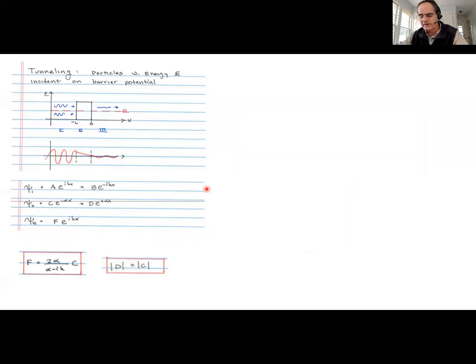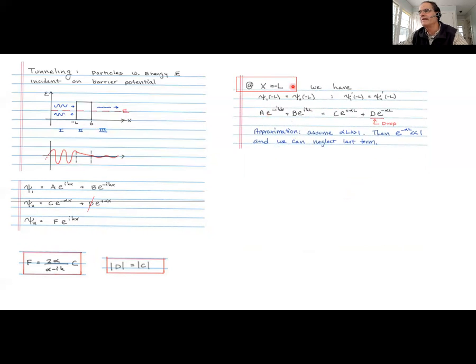And now let's take a look at the other boundary condition, the one at x equals minus L. Once again, at x equals minus L, we must have the wave function in region 1 be equal to the wave function in region 2 at this point. And their first derivatives also have to be continuous. Okay? Looking at the first expression, we get this.